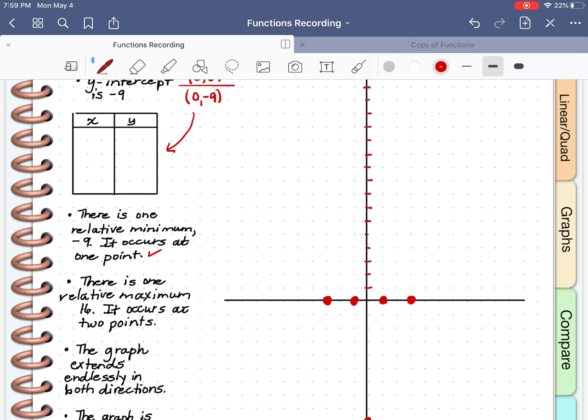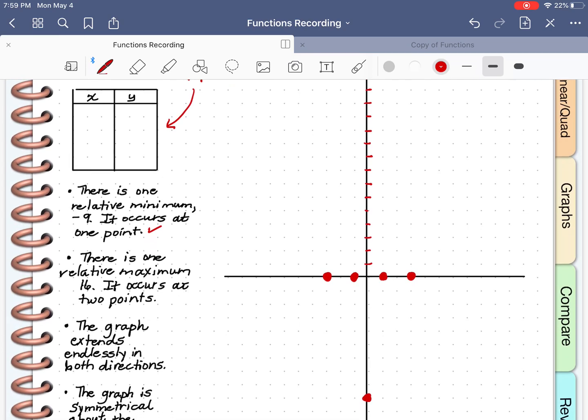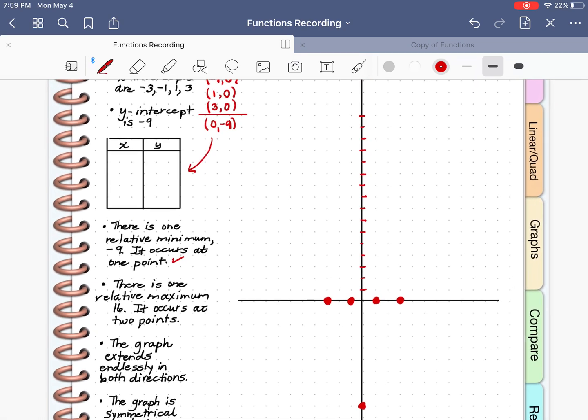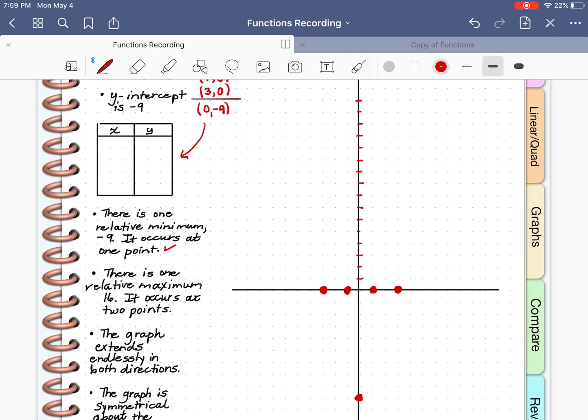That's up here. I need to read a little bit more though to know exactly what to do at 16. The graph extends endlessly in both directions. So it's telling me that this has end behavior that is the same. That makes me think of a parabola, but this doesn't look like a parabola.